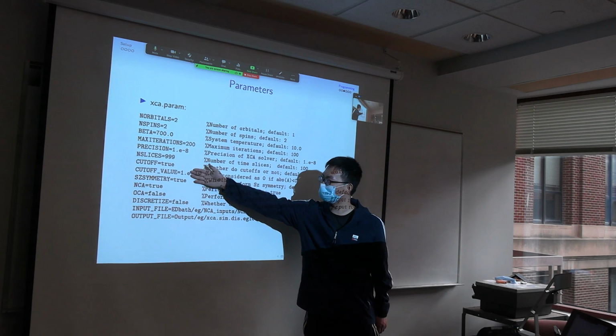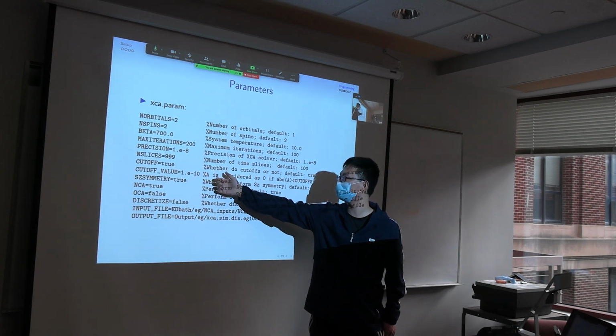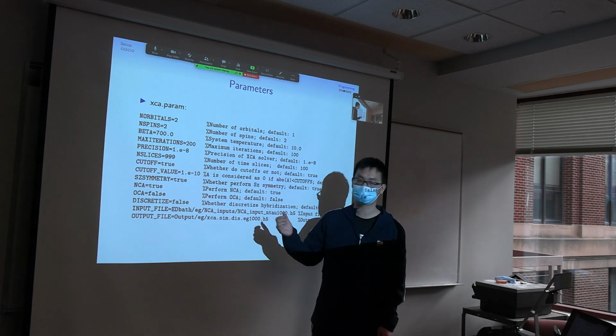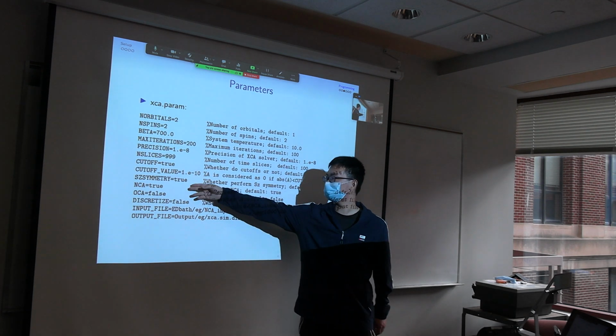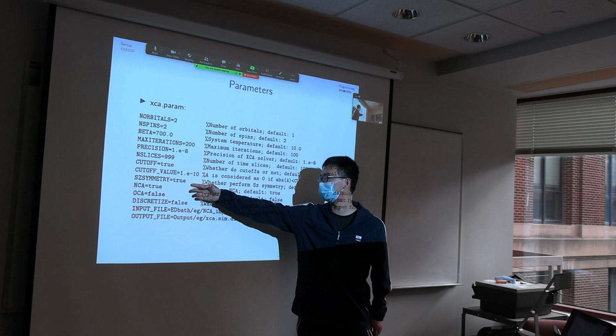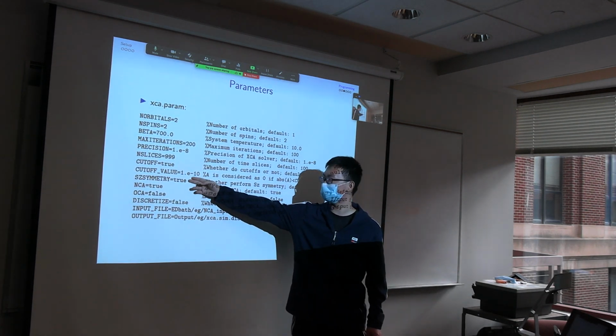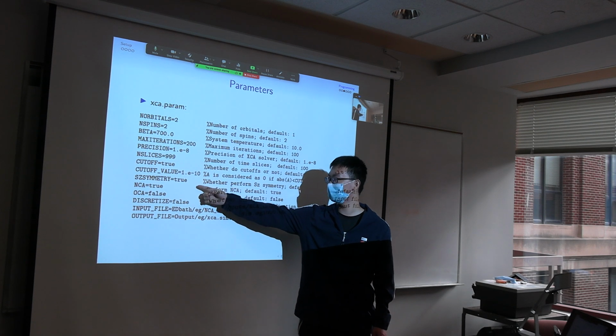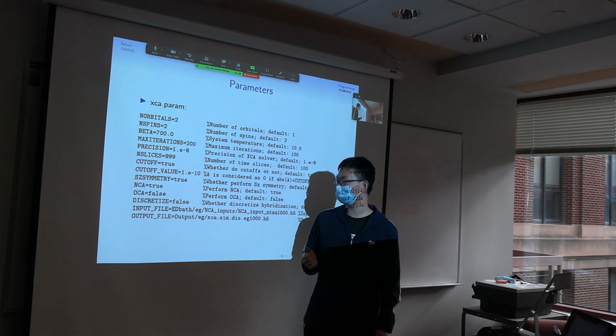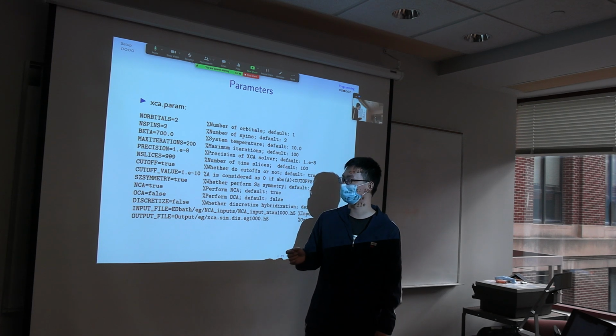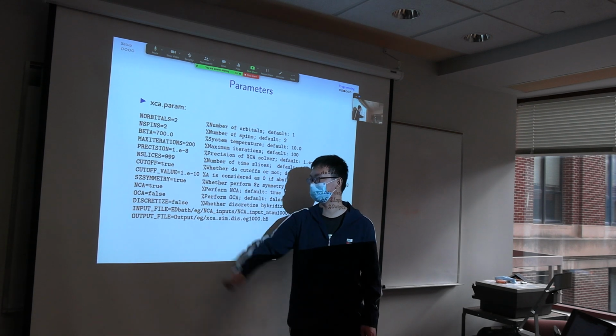And this option determines whether we need to do the cutoff or not, to detect the symmetry. This one is whether we choose to check the SC symmetry. If we set it to true, it will detect the SC symmetry. If the SC symmetry is not conserved, then the code will stop with a warning; you can set this to false.